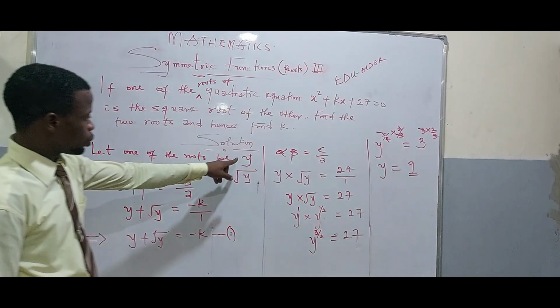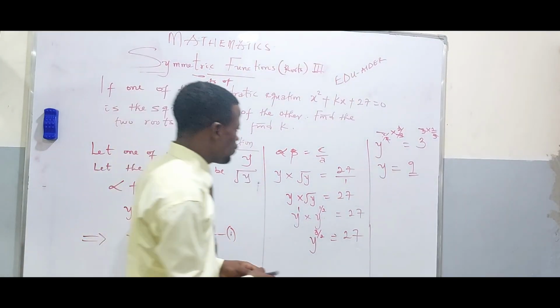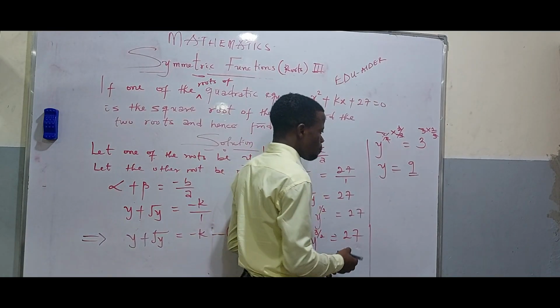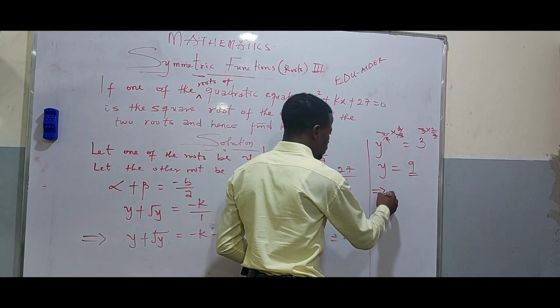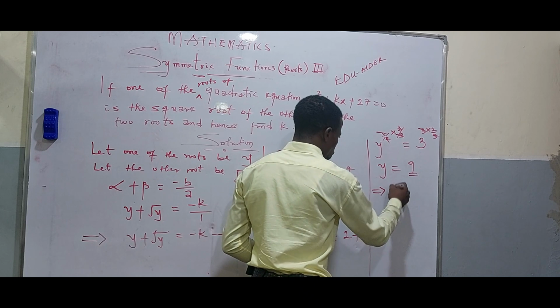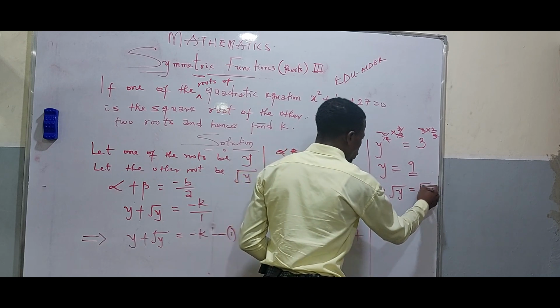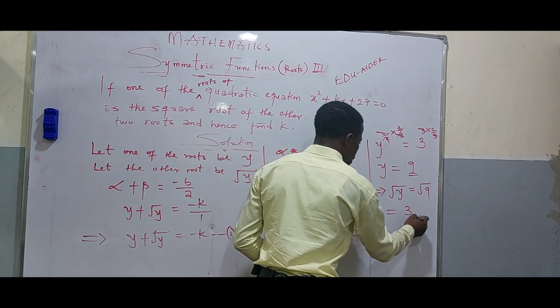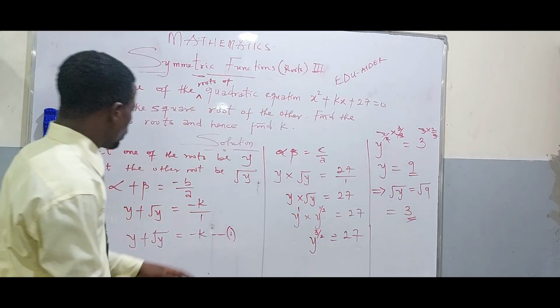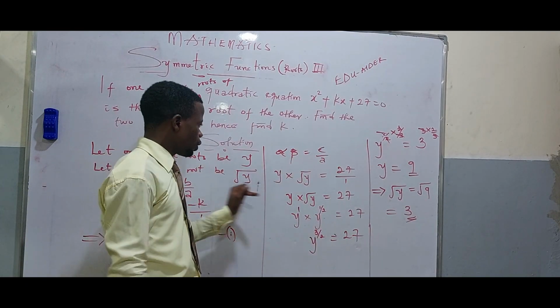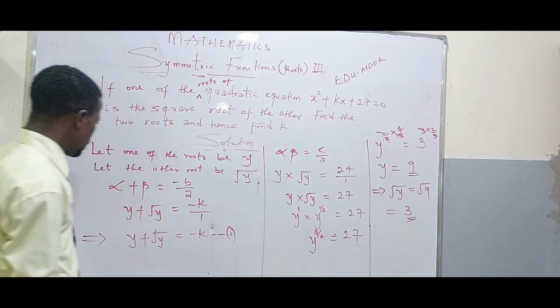So one of the roots is 9. And if one of the roots is 9, that implies that the square root of y, which is the square root of 9, is equal to 3. So the first root is 9, the second root is 3. How do we get k?